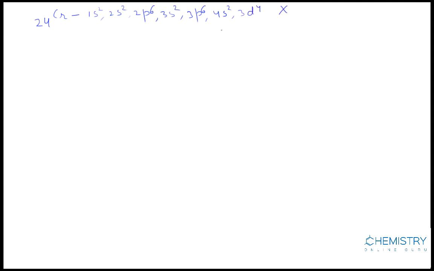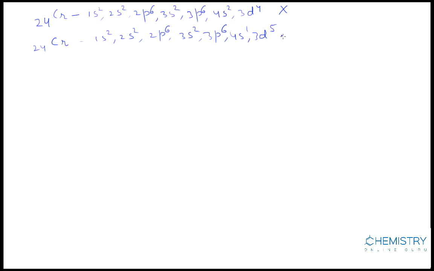But it is wrong. The correct configuration of chromium is 1s2, 2s2, 2p6, 3s2, 3p6, 4s1, 3d5.